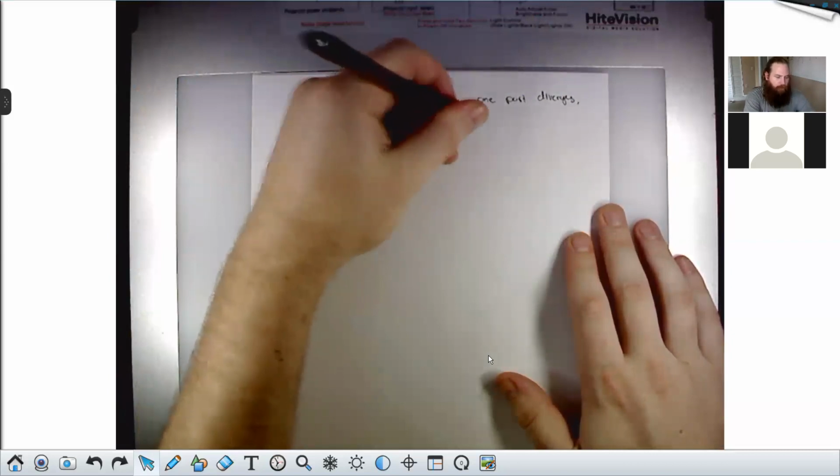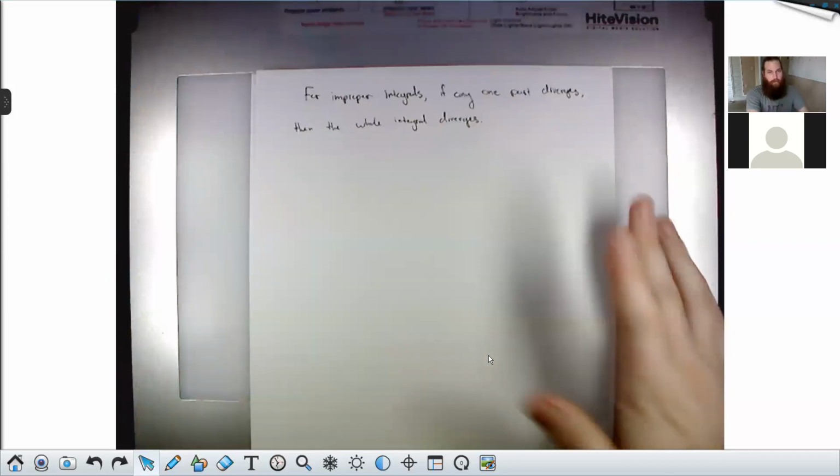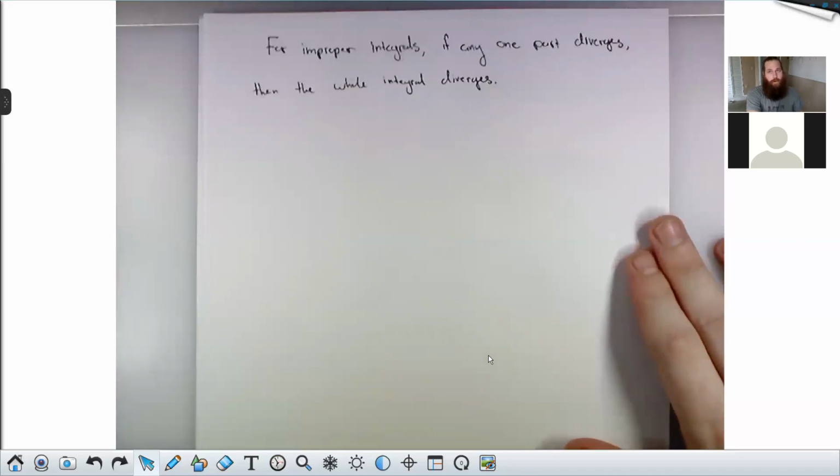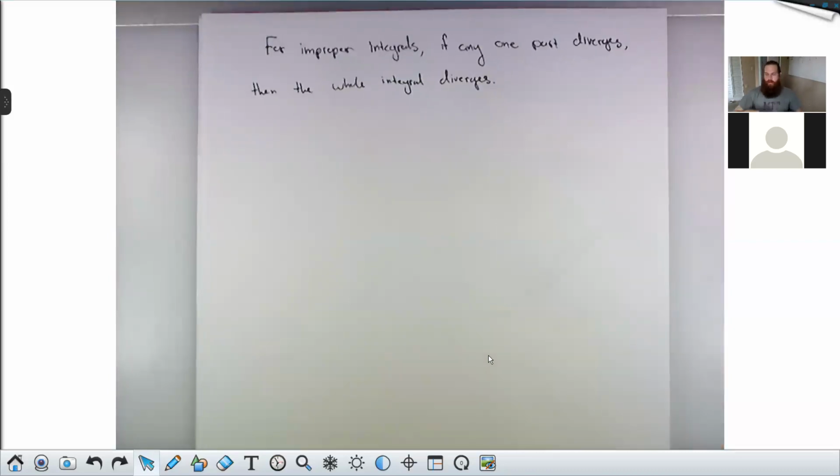Because we want our definition of convergence to say the integral converges if and only if the area is finite. And this is the only way to make that work. There are other valid interpretations, and they lead to different definitions and different ways of thinking about things. But for us, if any one part of an improper integral diverges, then the whole improper integral diverges.